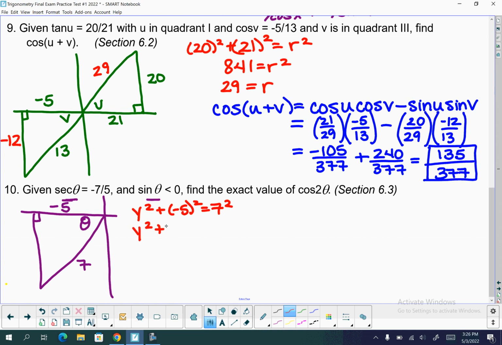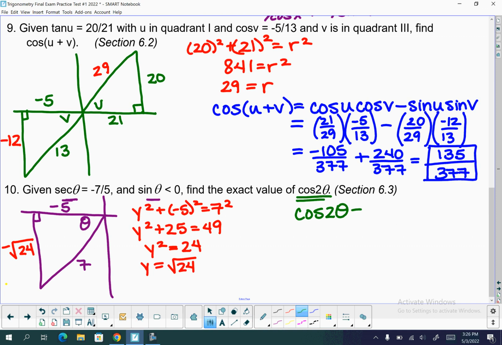Y squared plus 25 equals 49. y squared equals 24, and y equals the square root of 24, which you can break down, and it will be negative. I'm going to leave it like this though, and you'll see why for the equation that we're going to use in a second here. So we're doing a double angle, cosine 2 theta.